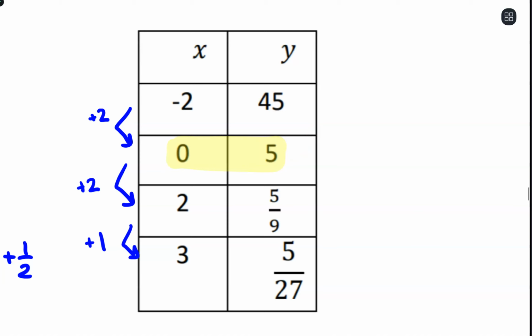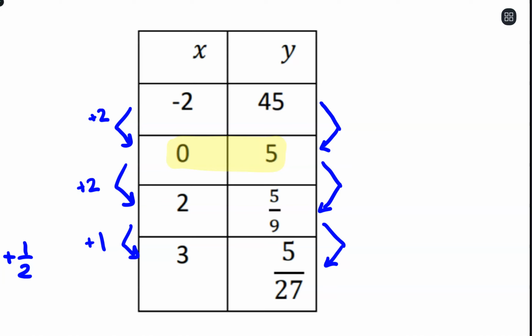If I tried using addition and subtraction, I would subtract 40. Then to get from 5 to 5/9, subtracting 40 isn't going to do it. So it's not linear, and what we need to see is there's something that we can multiply or divide by with each of these that stays the same, just keeping in mind that last jump will be a little different because we're using a different step in x.